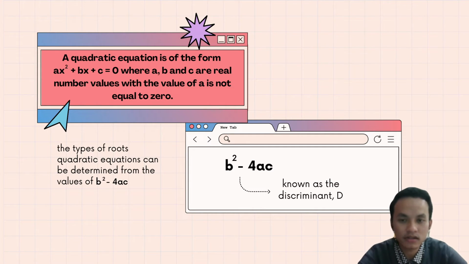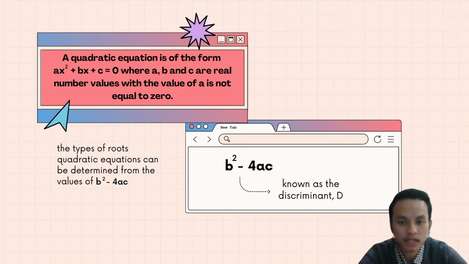This is an example of a quadratic equation in variable x, but always remember that the value of a is a non-zero value. Now, to find the types or the nature of the roots of the quadratic equation, we will first calculate the roots of the equation.